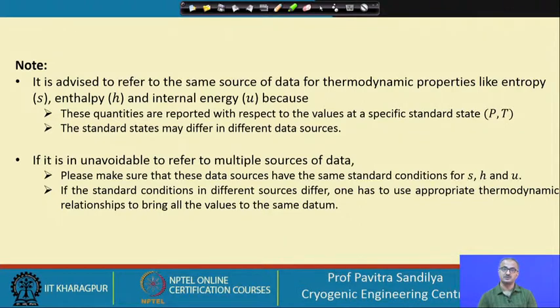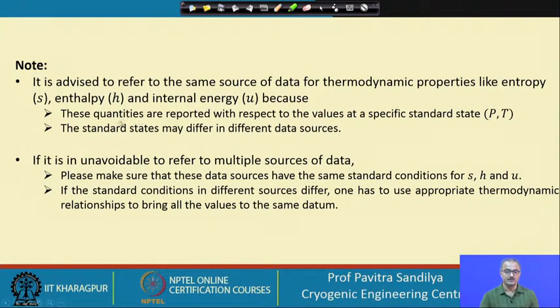All these three quantities are relative, and you take the datum value as some specific value, or sometimes the datum value is also taken as 0. In that case we say that with respect to that datum value, the values specified are the kind of absolute values. So if the datum changes, naturally these values will also change.